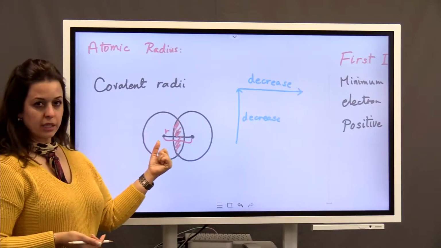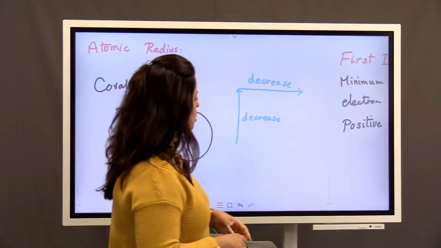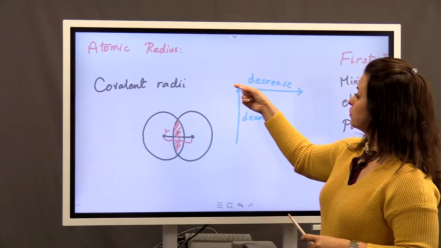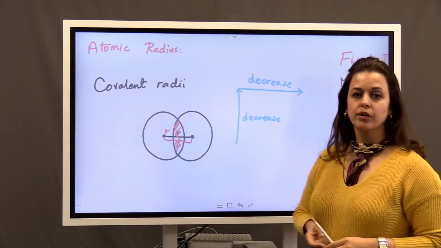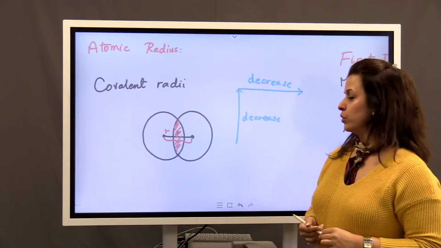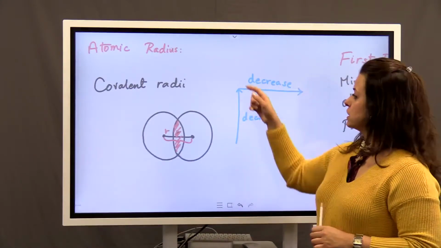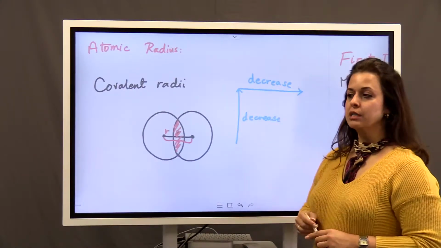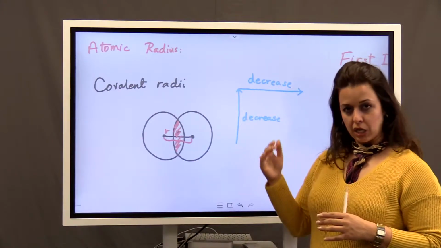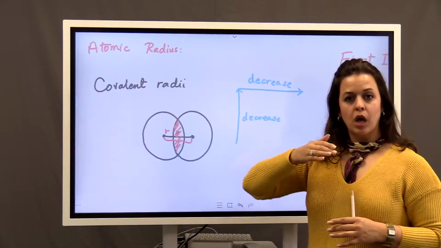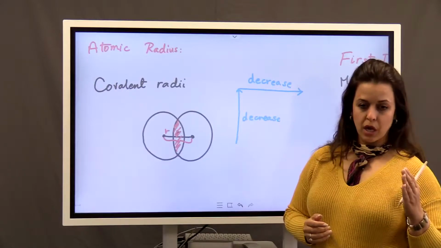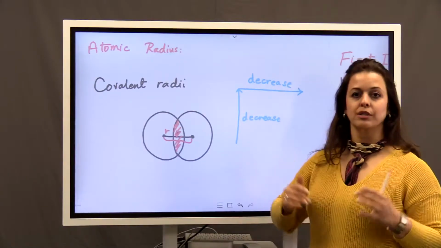The atomic radius decreases from left to right across the period and from bottom to top in a group. Why is there a decrease from left to right? Because from left to right in the periodic table, atomic number increases, right? In each period, along with increasing atomic number, protons increase and then electrons at the same time.